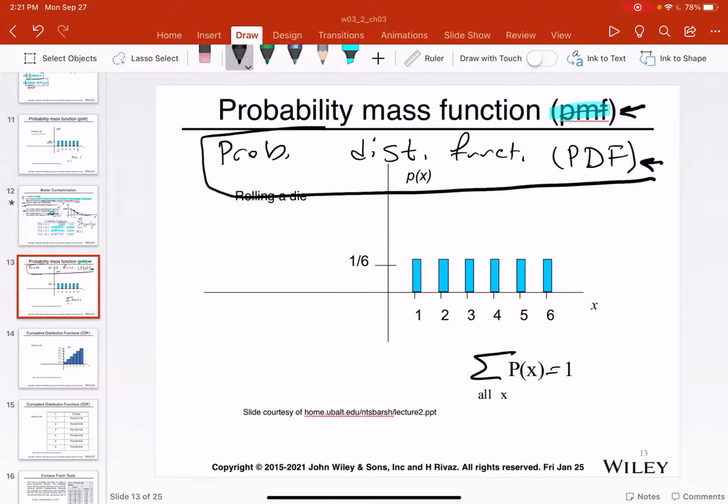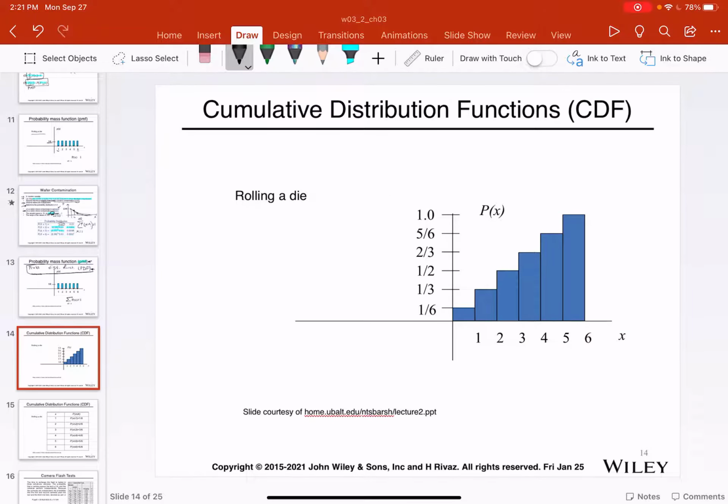In this case I ask what's the probability of my X being less than, let's say, 4, which is equal to P of X equal to 1 plus P of X equal to 2 plus P of X equal to 3.